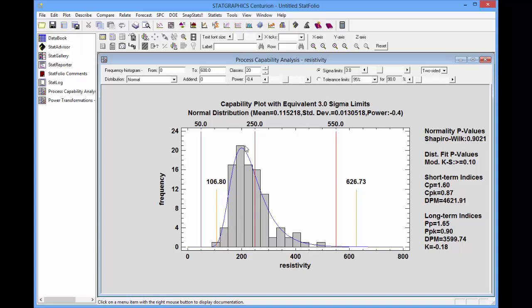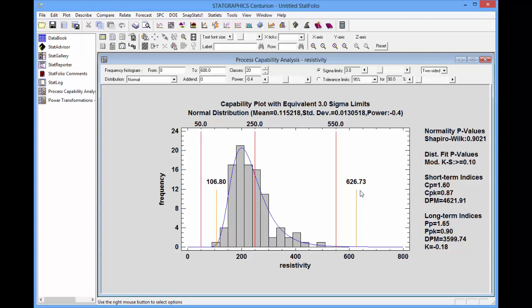You see the implicit distribution, which is now quite skewed. You'll notice various other changes to the plot as well. The short vertical lines, which initially were located at the mean plus and minus 3 standard deviations, are now located at the equivalent of plus and minus 3 sigma.